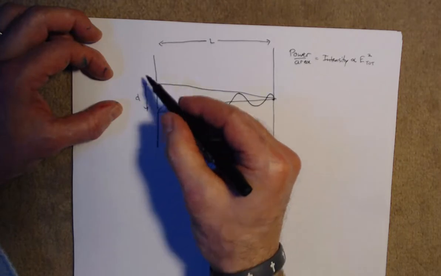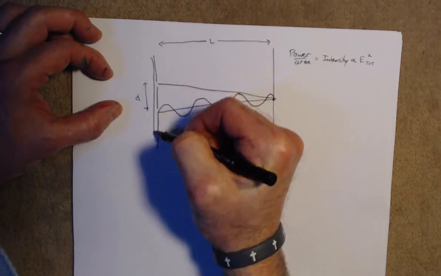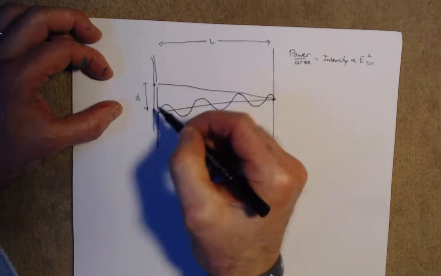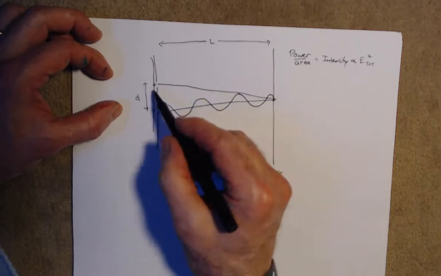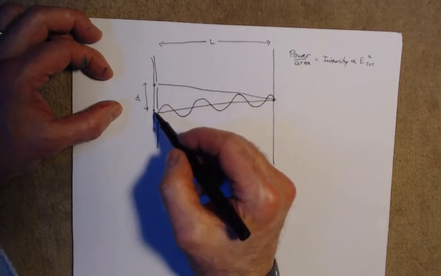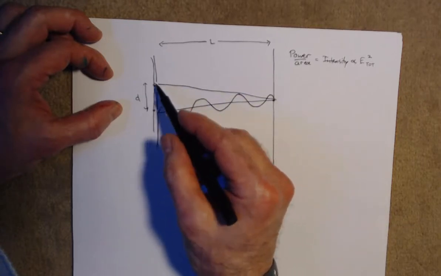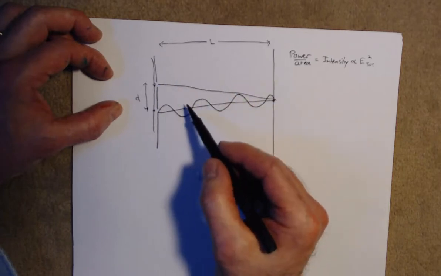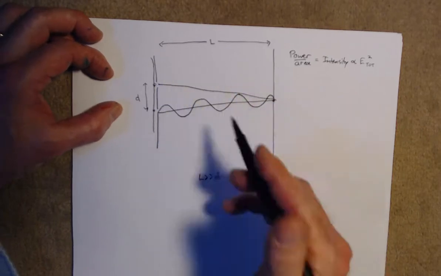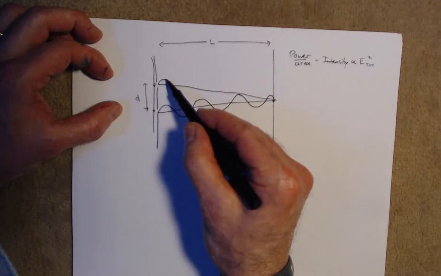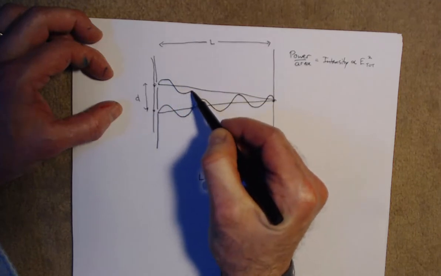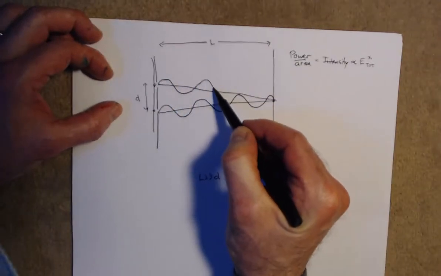And then because the two point emitters that are giving rise to the waves coming here come from the same wave front, the waves coming out of them are in phase. So if this one looks like this, then the one coming from the top looks pretty much the same.